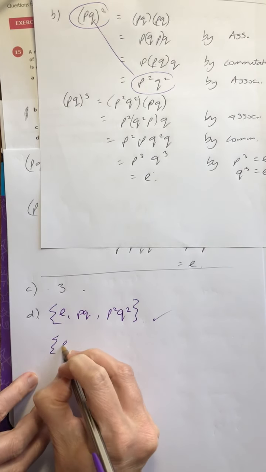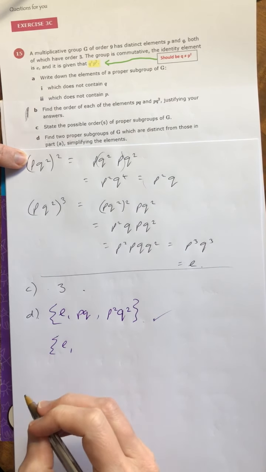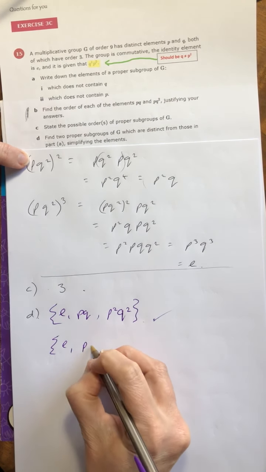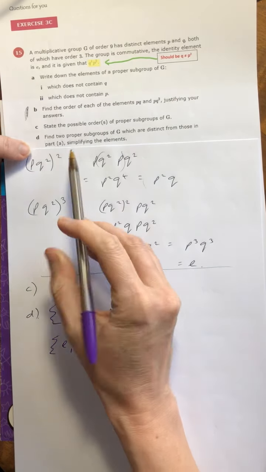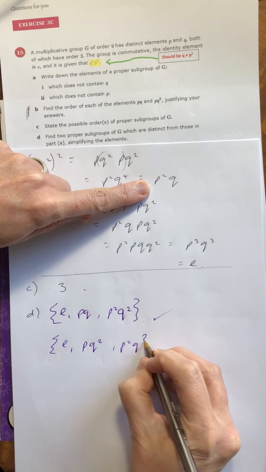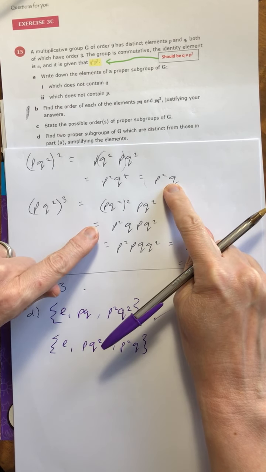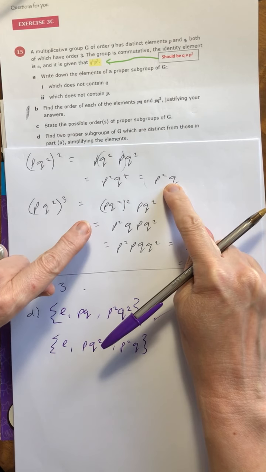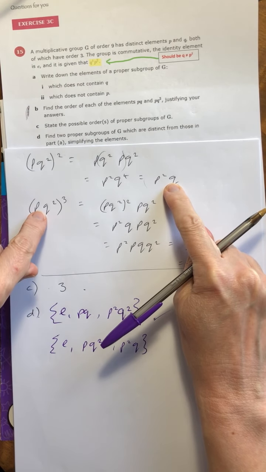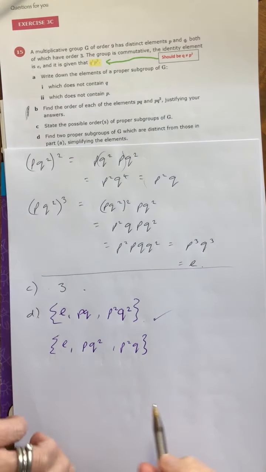Okay, so have they been helpful for a second time? If we look at this here, if I have PQ squared, if I square that, I get P squared Q. I know that multiplying P squared Q by P squared Q gets me back to the identity.